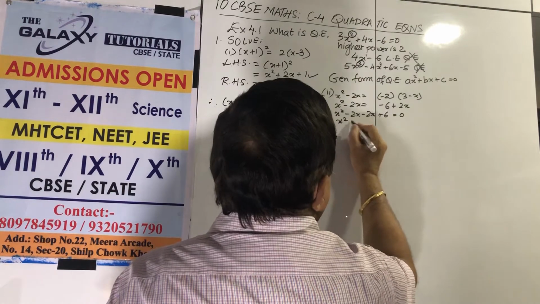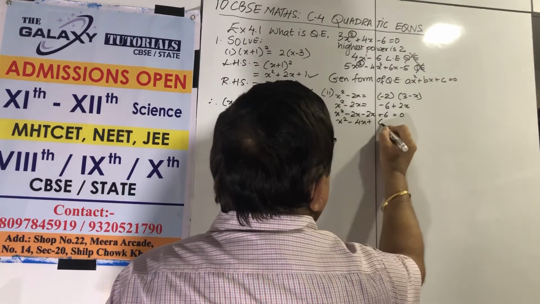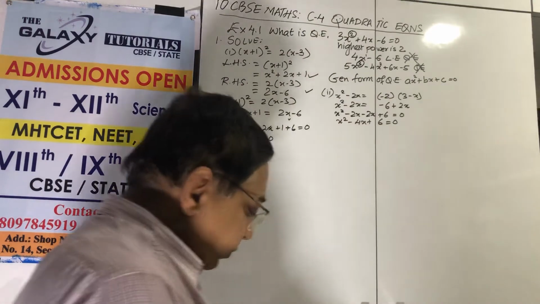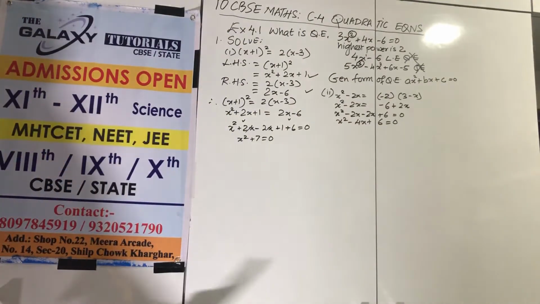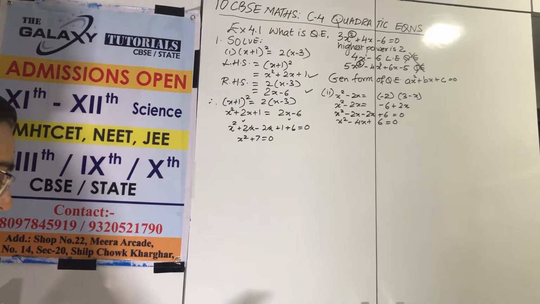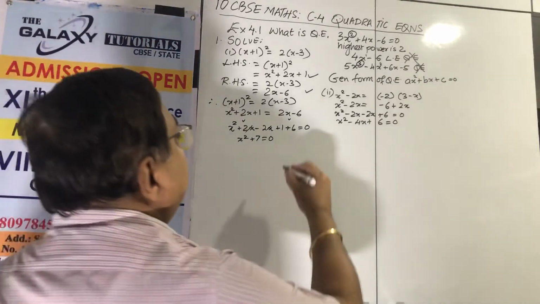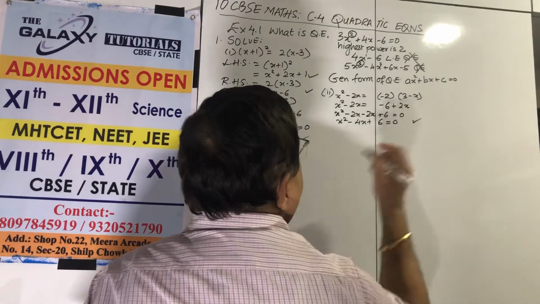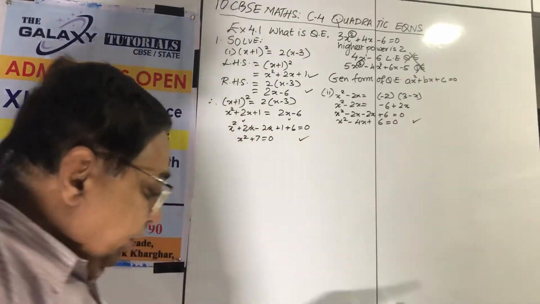So x square minus 4x plus 6 is 0. Quadratic equation. They have said solve the following and state which are quadratic equations. Quadratic equation, yes; quadratic equation, yes. That is how we go about it.